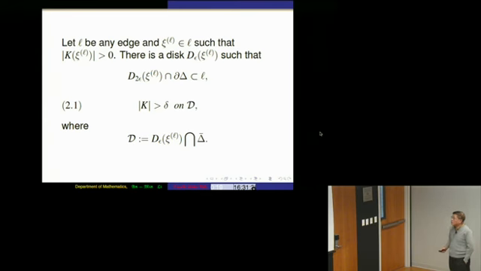So in the following, we let L be any edge and cosine L an interior point such that K at this point is not equal to 0. Then there is some disk such that this belongs to this, and absolute K is greater than delta, where d is defined in this way.